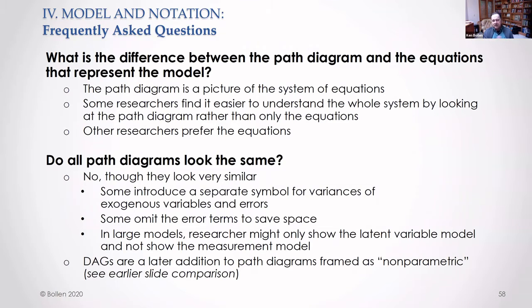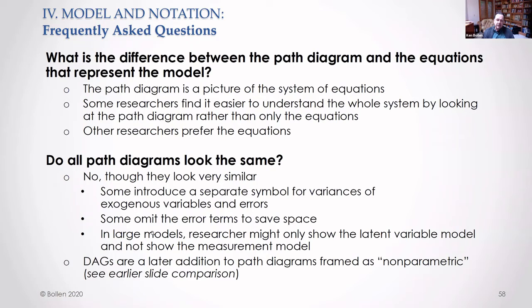Or, as I say in this next bullet point, if you have a really complex model with lots of measures and lots of latent variables, I've seen, and sometimes I've done it, I'll just present the latent variable model. This may be my primary focus in an article. So I'll just show you the path diagram for the latent variable models and just explain, in the text or a footnote or at the bottom of the figure, that only the latent variable model is shown.